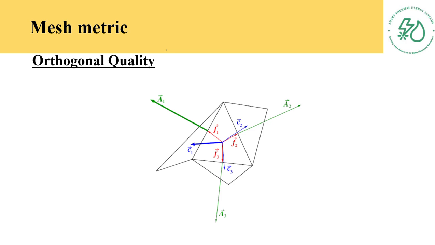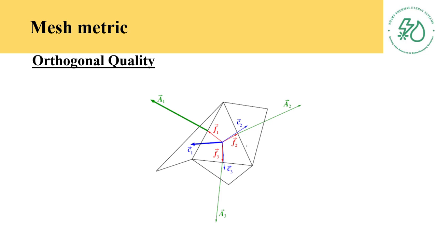Orthogonal quality: as you can see in this picture, in this element, I want to define three vectors A, F, and C. I want to explain how we can compute the orthogonal quality, or how the software computes it. The vector A is the face normal vector, normal to this face.